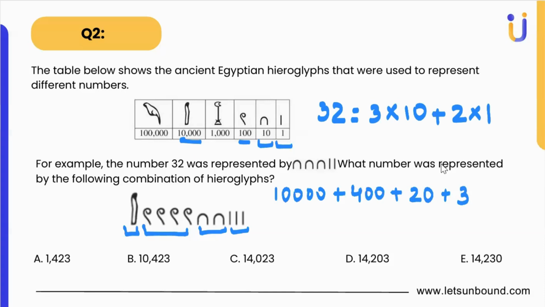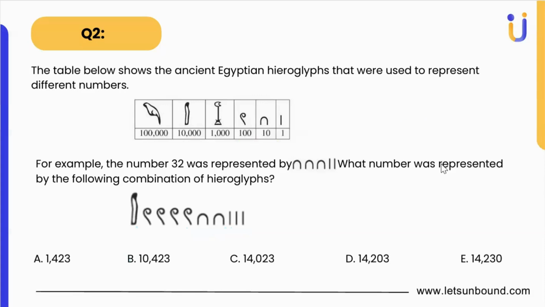So our answer must be 10,423. It was nothing but just writing down the number in the expanded form. Very easy question, just to interpret it quite carefully.